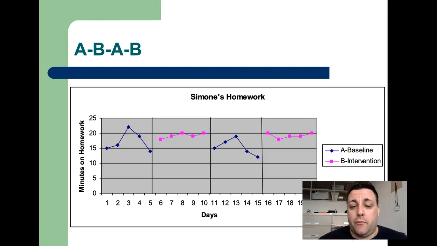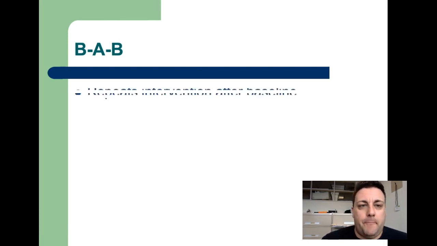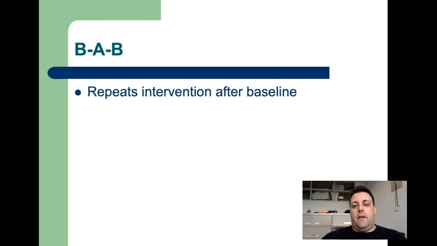That would lead a clinician or a social worker to the conclusion that Simone needs some kind of intervention, some kind of support to spend an appropriate number of minutes on her homework. A BAB design flips the script here. A BAB design would be an intervention, then a removal of that intervention, and then a return to the intervention.